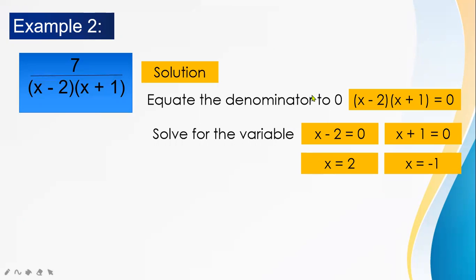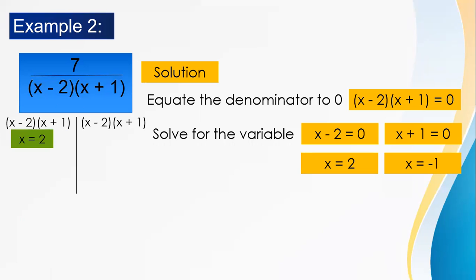So what will happen to the given expression? Do you think the given expression is undefined or defined? So check using these polynomials, the denominator: x minus 2 multiplied to x plus 1.